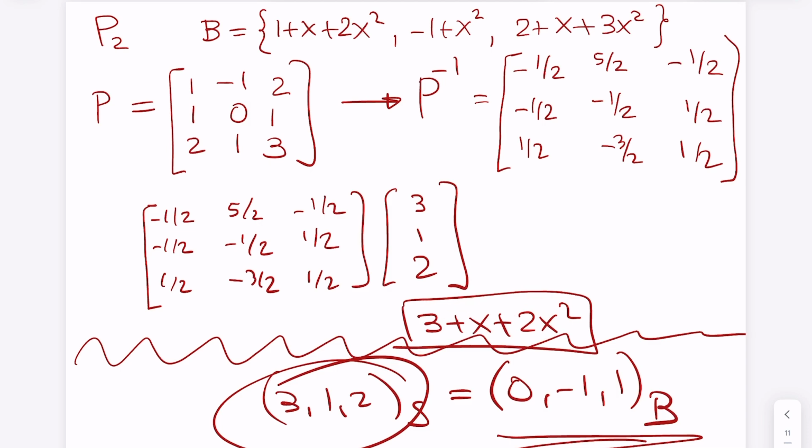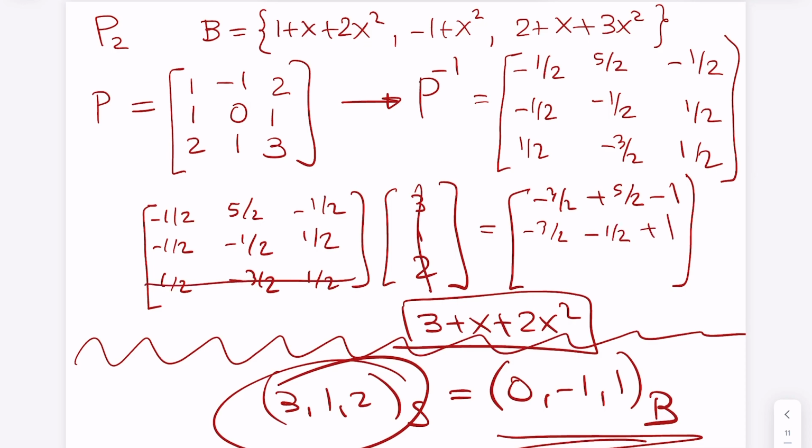So all we need to do then is to put the matrix P minus 1 and multiply it by the vector. That's it. So let's multiply. This times this is going to be minus 3 half plus 5 half minus 2, minus 1. And this times this is going to be minus 3 half minus 1 half plus 1.